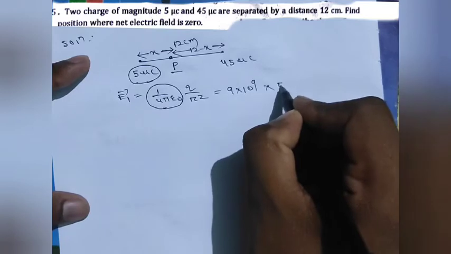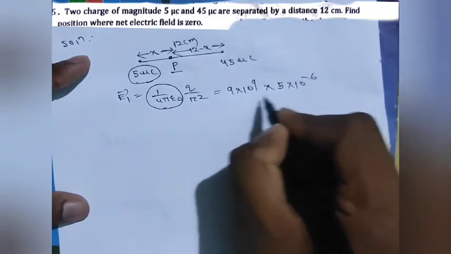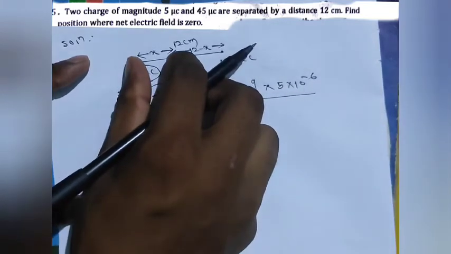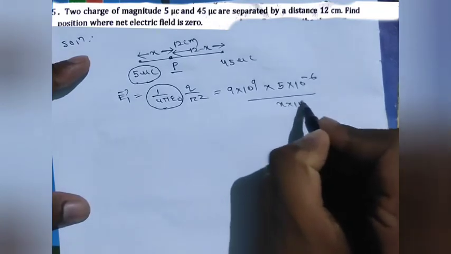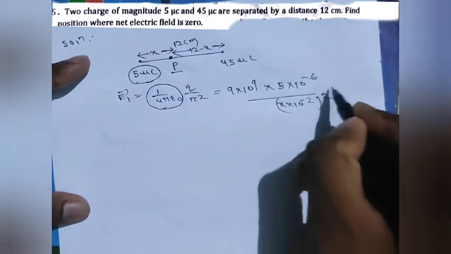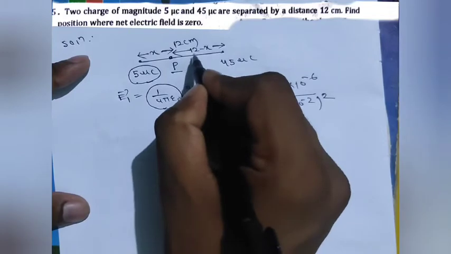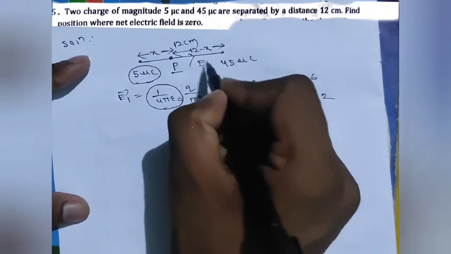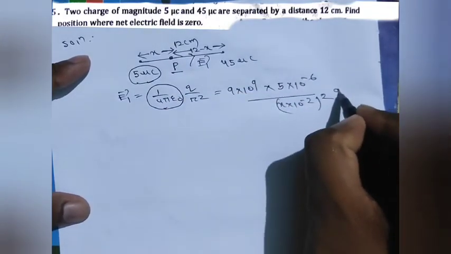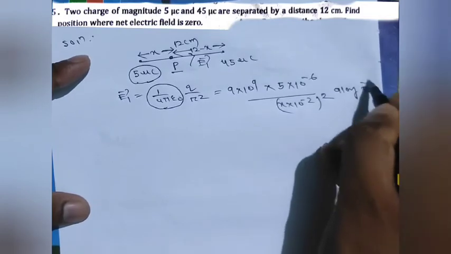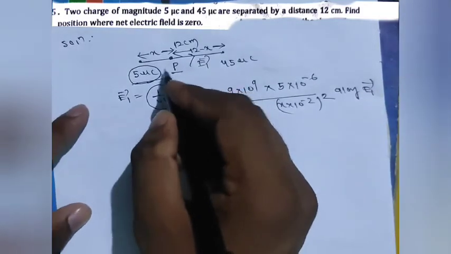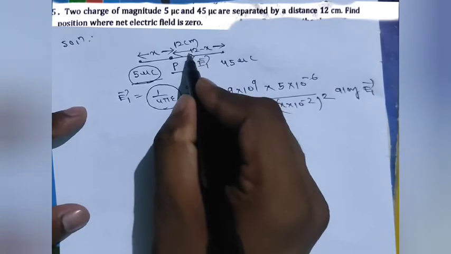So 5 microcoulomb will be 5 into 10 to the power minus 6 coulomb, and r is how much? X centimeter, means x into 10 to the power minus 2 meter whole square. That will be directed along E1 because 5 microcoulomb is positive charge, so for which electric field is directed outward.